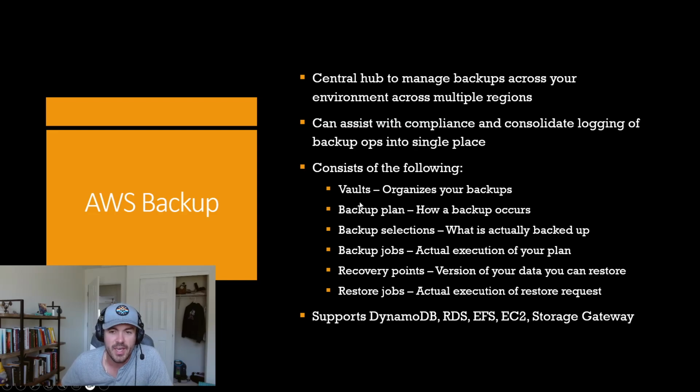A backup plan, which specifies how a backup occurs. Backup selections are where you specify what's actually going to get backed up. Backup jobs are the actual execution of your plan. Recovery points are versions of your data that you can restore. And then restore jobs are the actual execution of your restore requests.